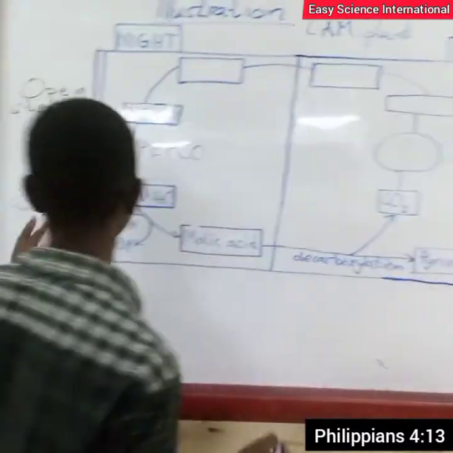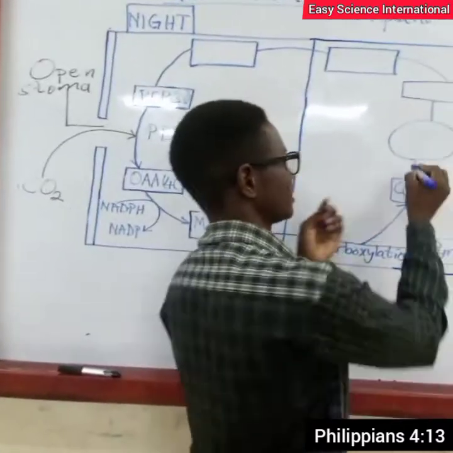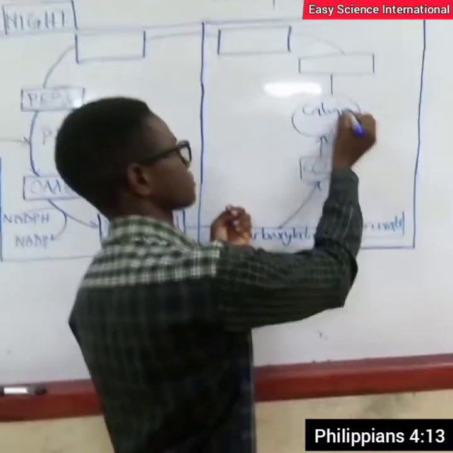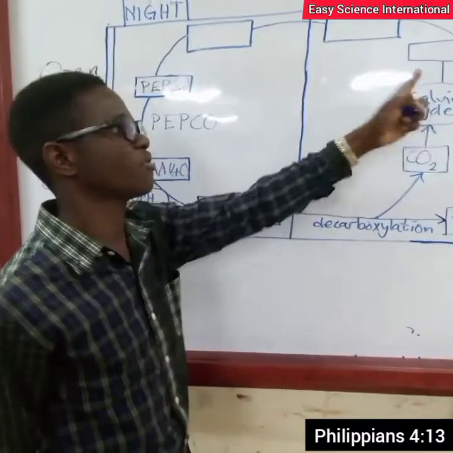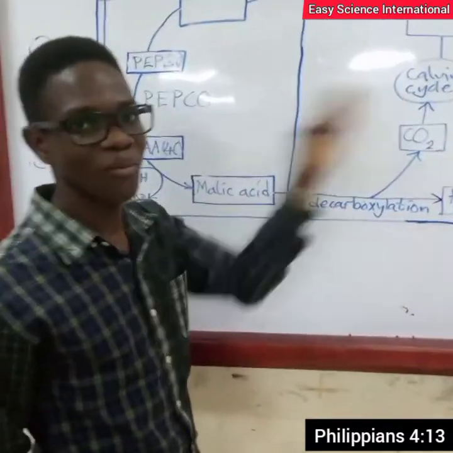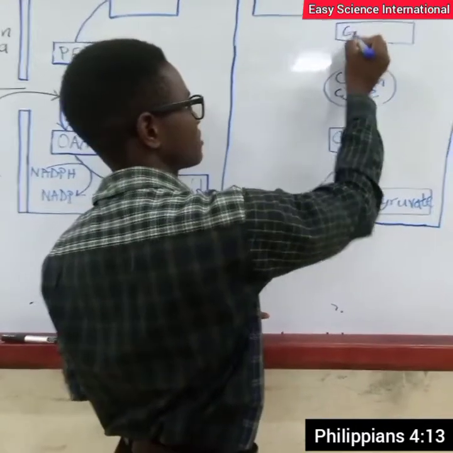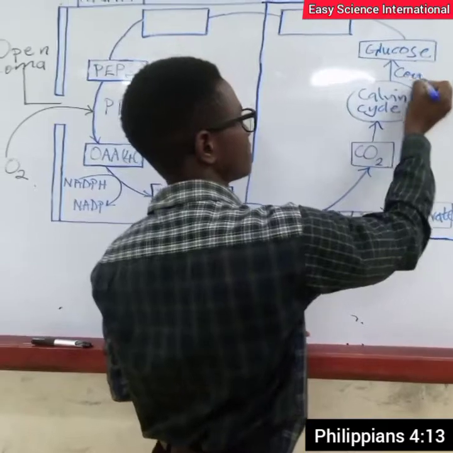So we form back our carbon dioxide from here. And this carbon dioxide enters the normal Calvin cycle, which occurs in C3 plants. So from here we form the carbohydrates, and this is none other than glucose through condensation.